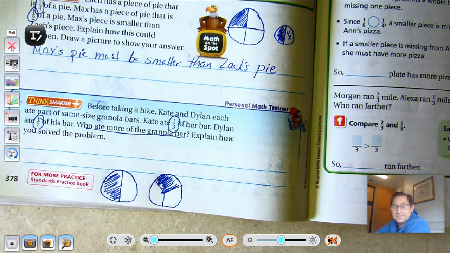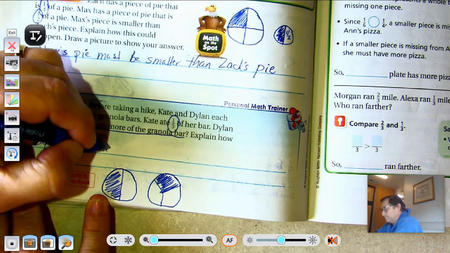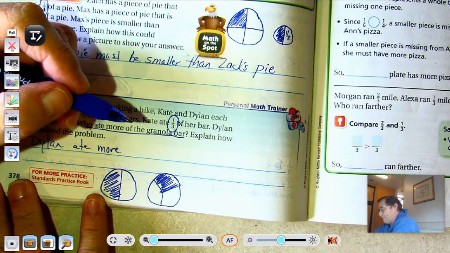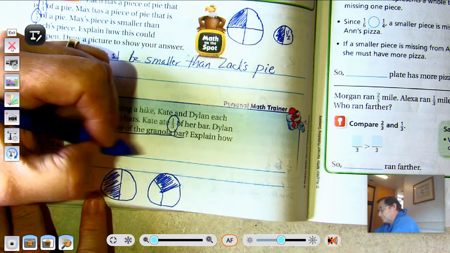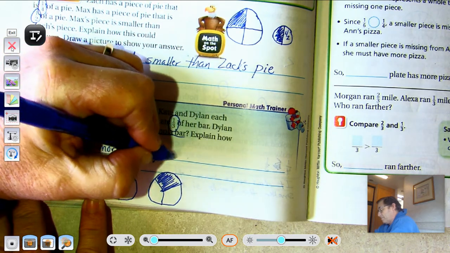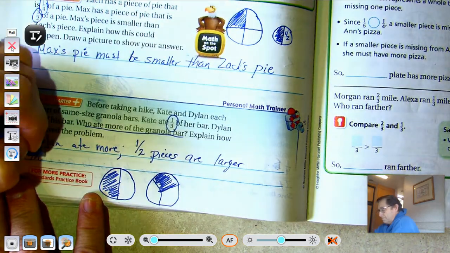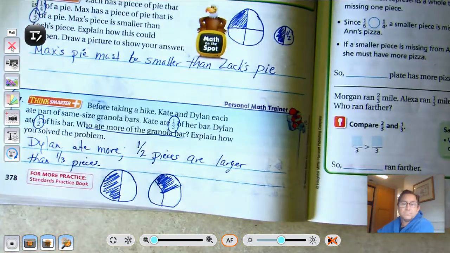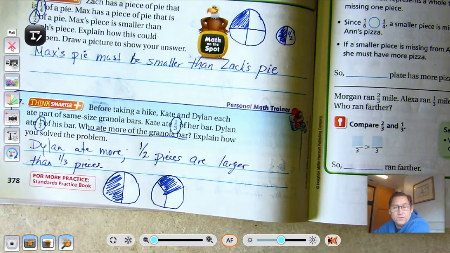Who ate more? Dylan ate more. And how do we know? Well, because half size pieces are larger than 1/3 size pieces.